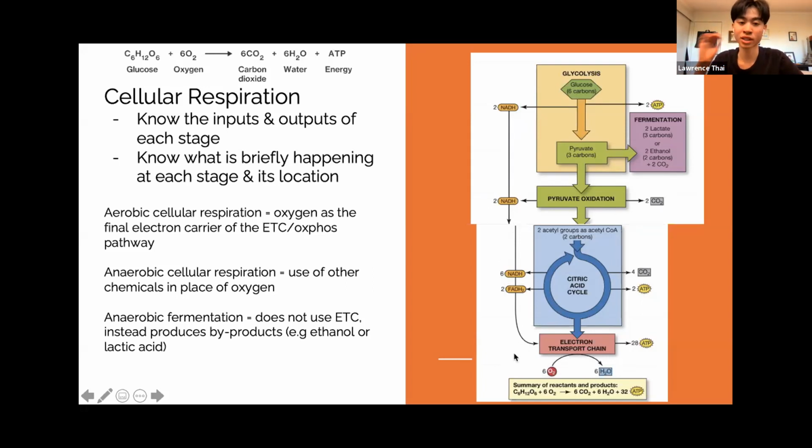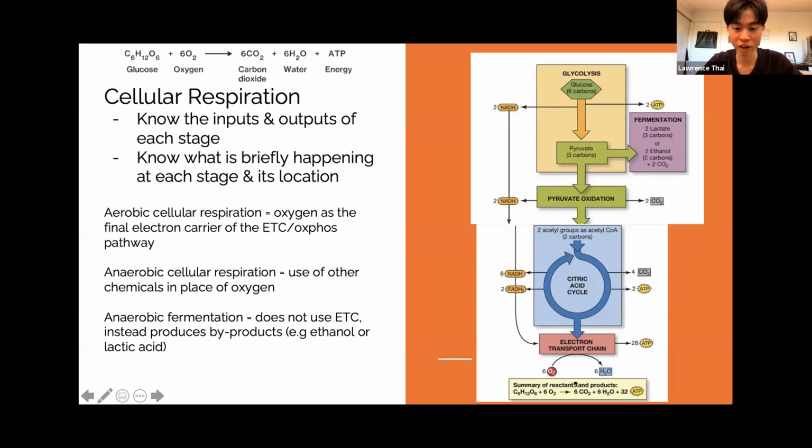As it unloads its redox energy through the electron transport chain, it utilizes that energy to pump hydrogen ions, or protons, from the inside of the mitochondria towards the intermembrane space that I'll show you later. That basically establishes a concentration gradient, and we use that proton gradient to drive the production of ATP.